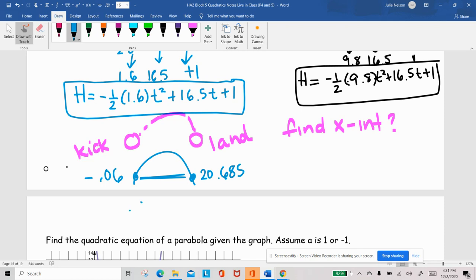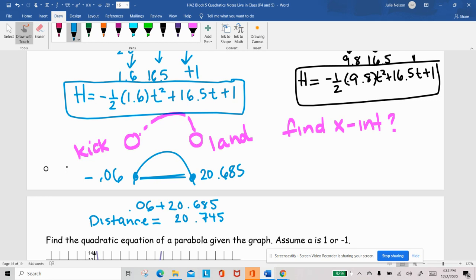If I take 0.06 and add it with 20.685, the distance equals, and I'm going to use my calculator and add those up. It comes out to be about 20.745.